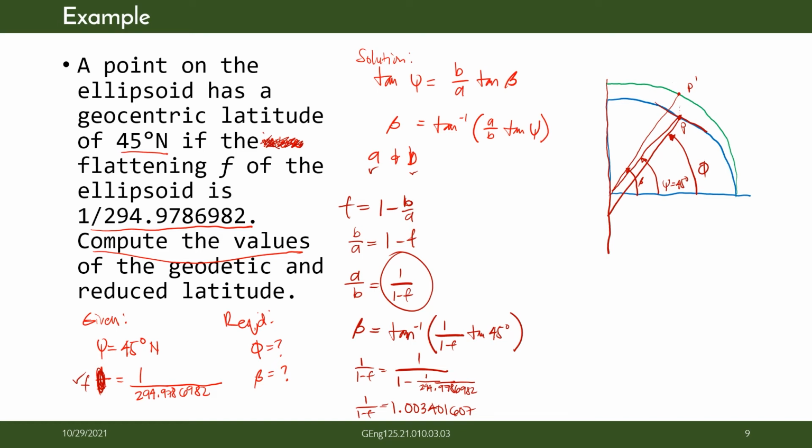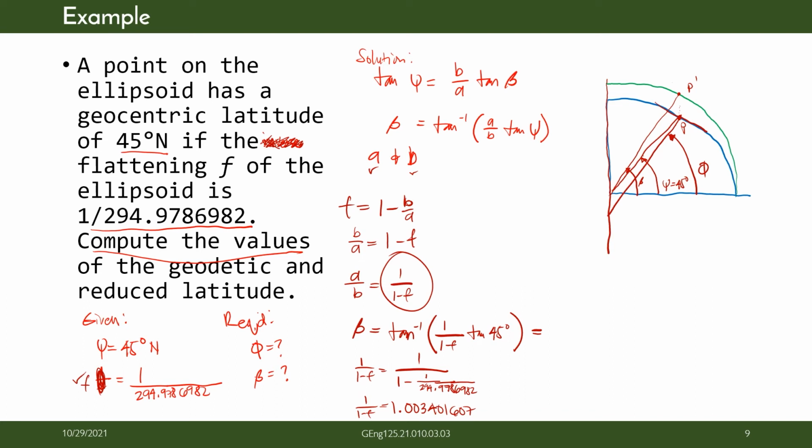So now, when we try to solve for beta, so beta would be equal to, so we directly solve for it. Our tangent of the answer, which is 1.003401607 times tangent of 45 degrees.